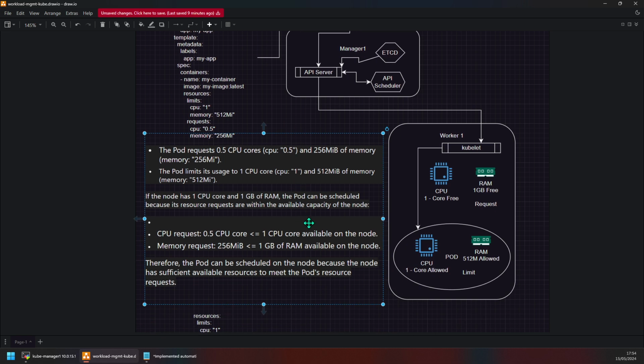You should be clear enough to explain to the interviewer that request is what it is looking for on the node to schedule the pod, and limit is constraining the pod within whatever limit you set for your CPU and memory. This simple explanation will get you to the next question successfully.